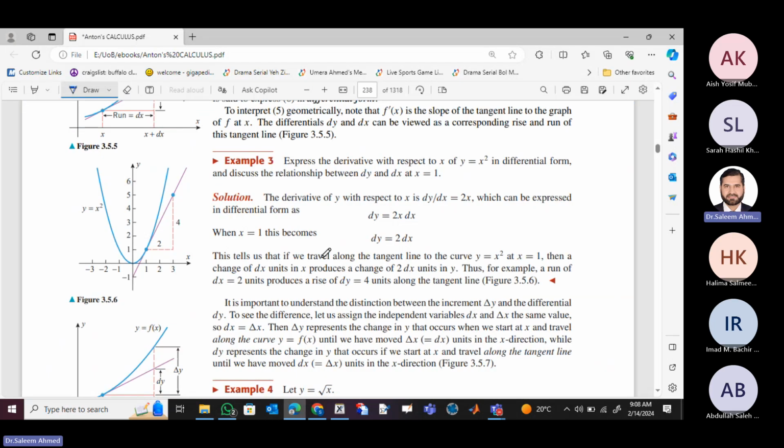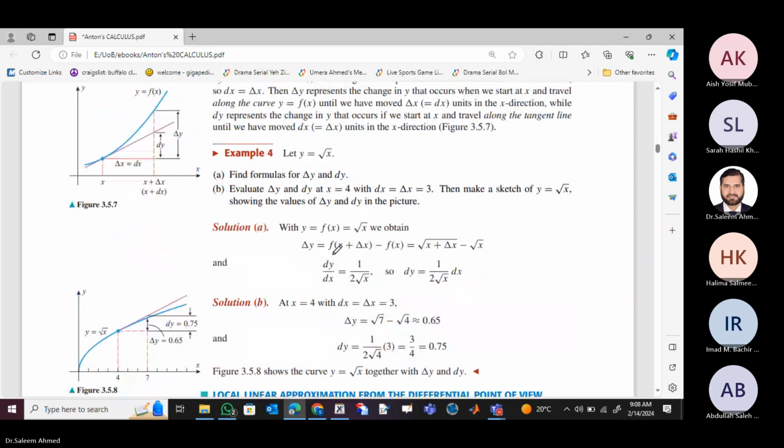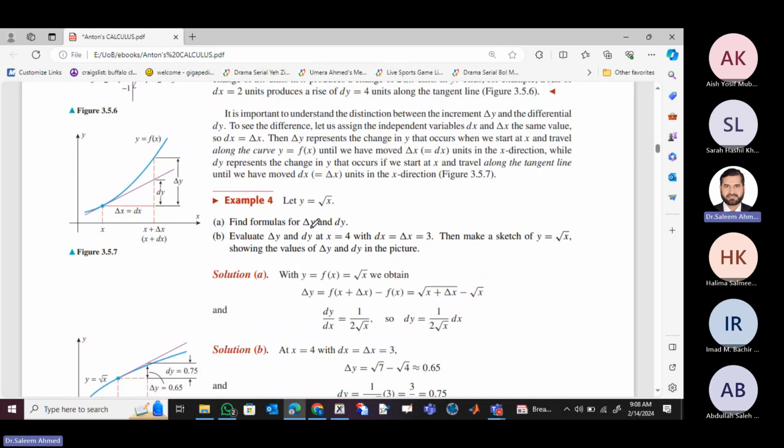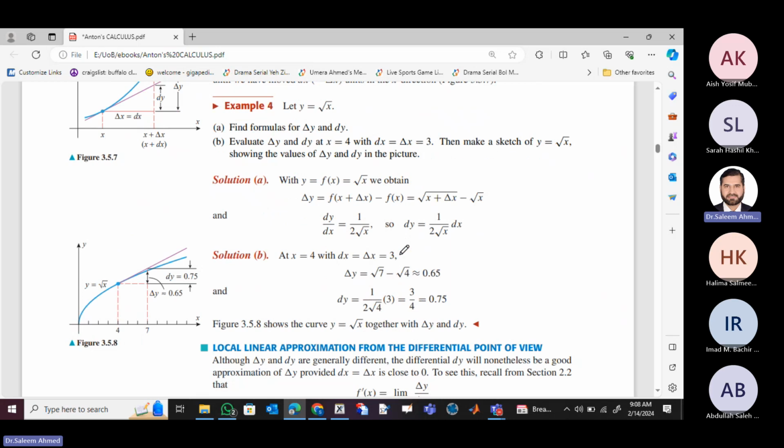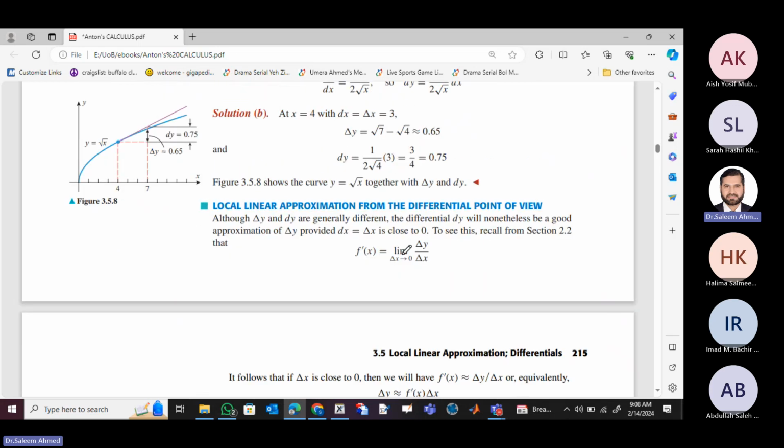So see here, for the same question, he said find the formula for delta y and dy. So we can do that, and then by taking different values, we can approximate these things.